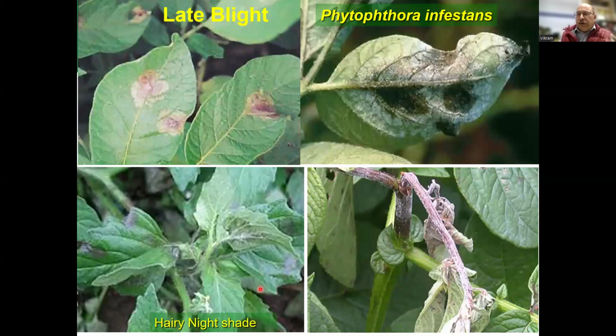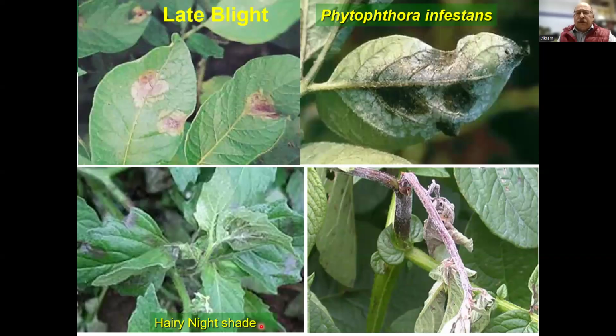In some cases, it's the hairy nightshade which may be the start of the disease, and one has to be careful not to have too much hairy nightshade around your farm. So weed control is an important thing.